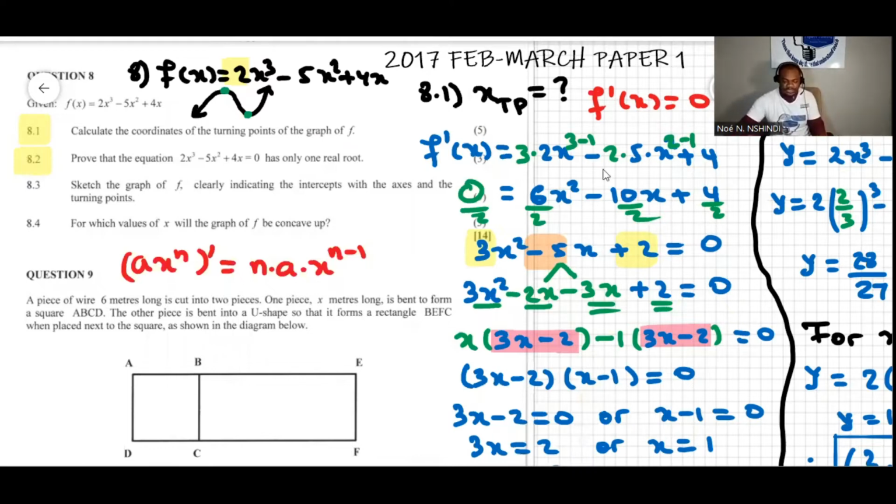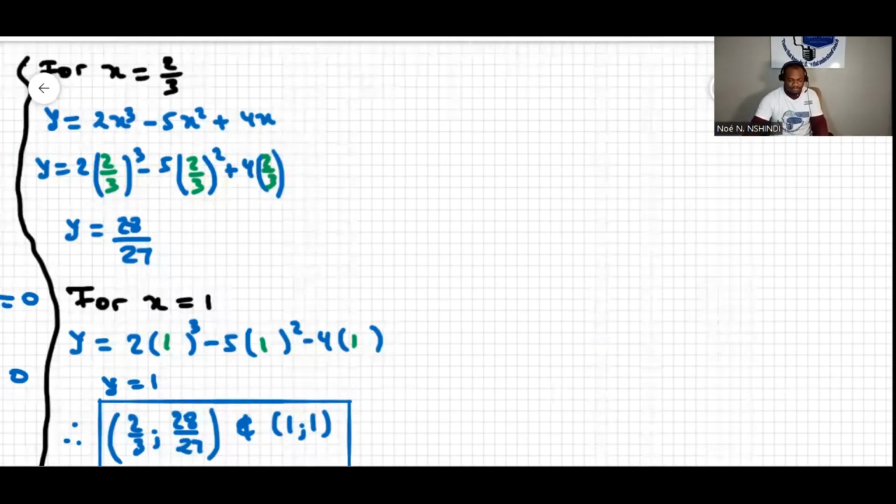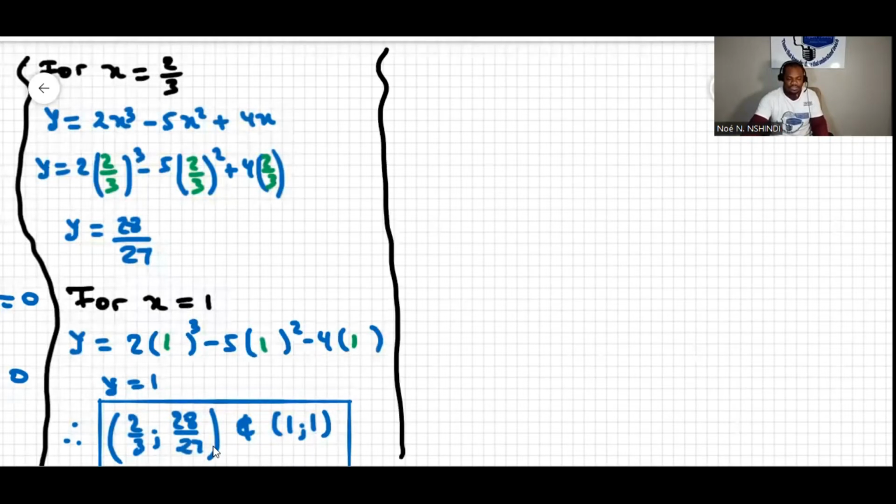All right, now let's see. I'm going to move my board over here. So we need to prove that it has only one real root.